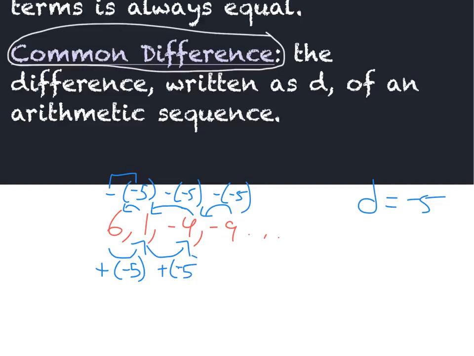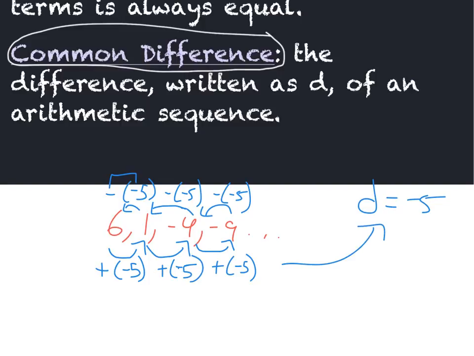And this might be a bit easier to think about if we do it this way. Just take a look at if there's a pattern. If we're adding the same numbers, we're adding -5. I don't want to say pattern because I'm going to show you one in a moment that has a pattern but wouldn't be an arithmetic sequence. We have to be adding the same number in order for this to be an arithmetic sequence, and it is. We're always adding -5, so this would be an arithmetic sequence with a common difference of -5.